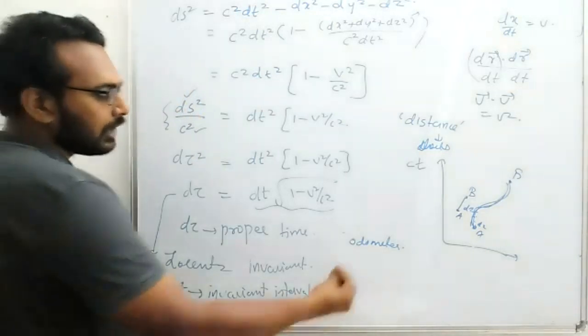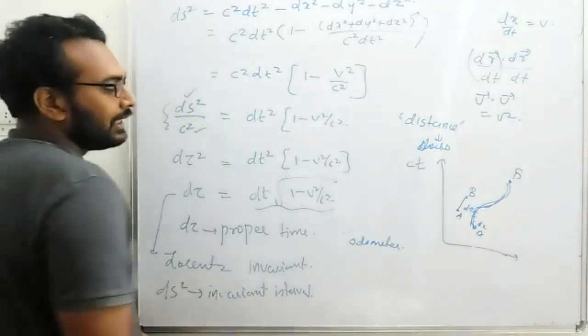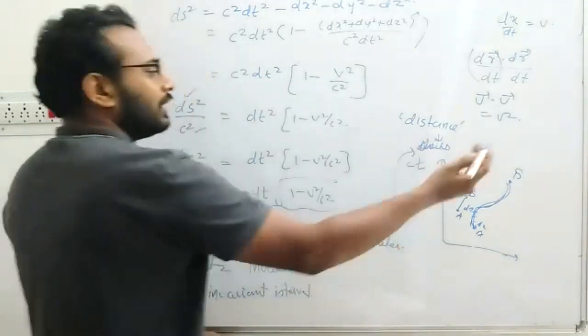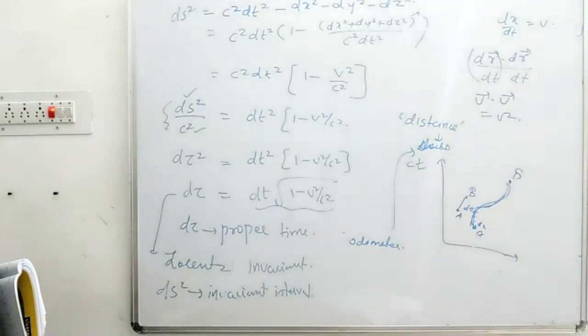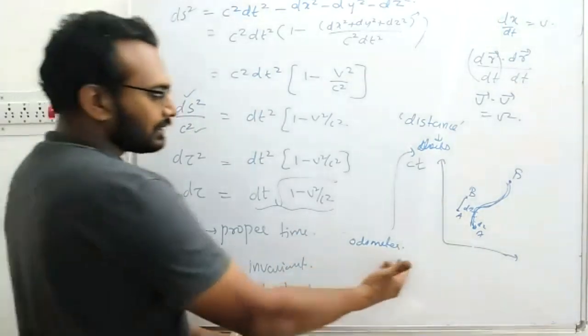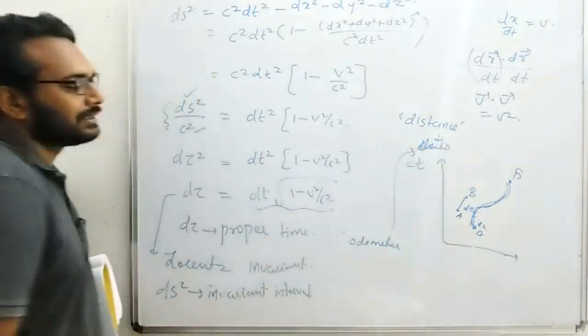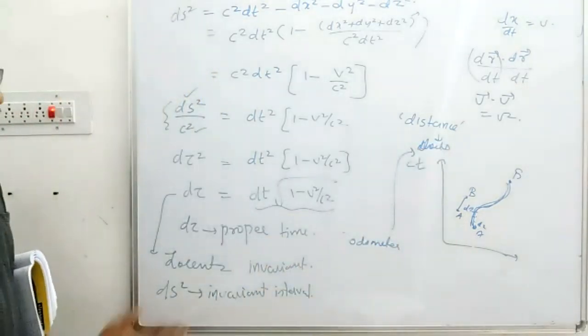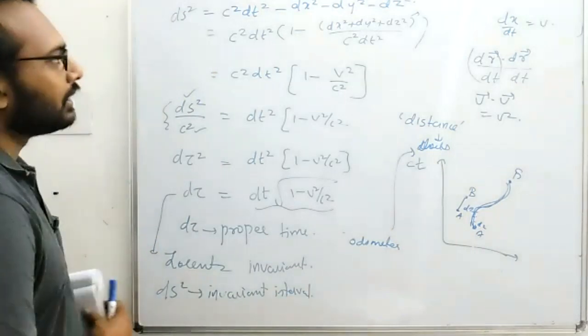This odometer tells you how much distance you have traveled. In a similar way, clocks tell you how much distance you have traveled in space-time. Odometer gives you the distance traveled in space. Clocks give you the distance traveled in space-time. And we'll elaborate on this in the next class.